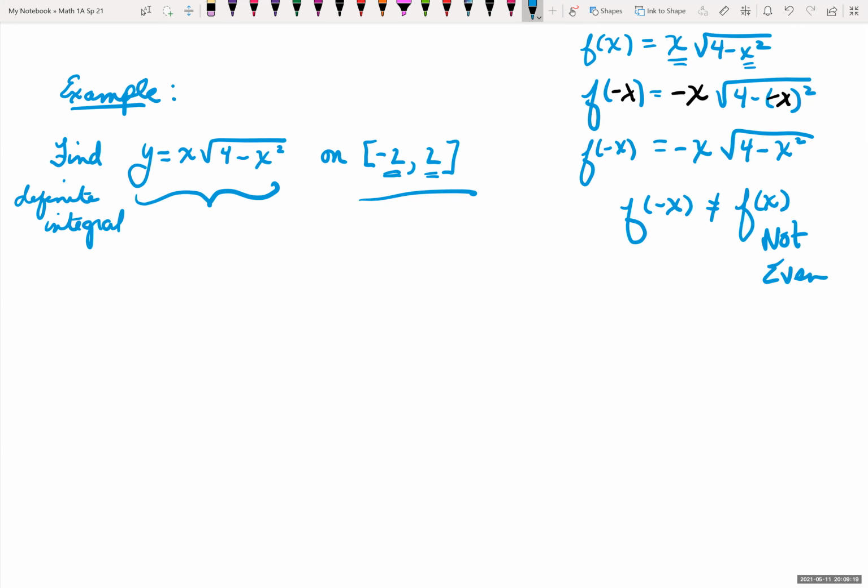But notice that it's just off by a negative sign. And so notice that that is the same thing as negative f of x. So negative f of x equals f of -x. So it's an odd function.